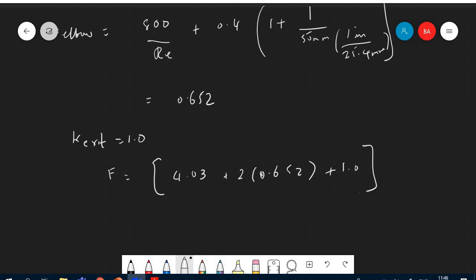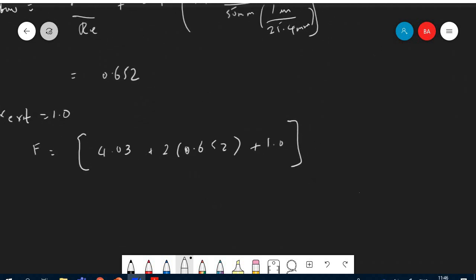Here we didn't have the entrance because we already have that it is flowing, okay? So it's like it did not enter, it was already flowing. Great. So that is the K.